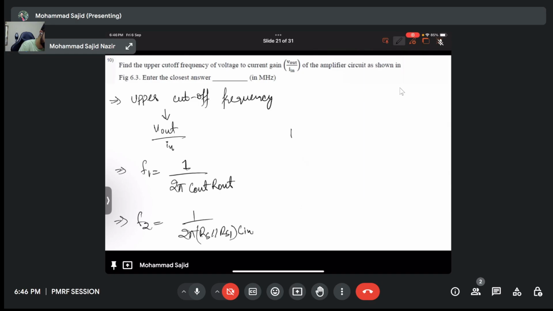R out, if you check the previous question, will be equivalent to 2 kilo. Use that formula to calculate that. And here C input is also equal to CGS.